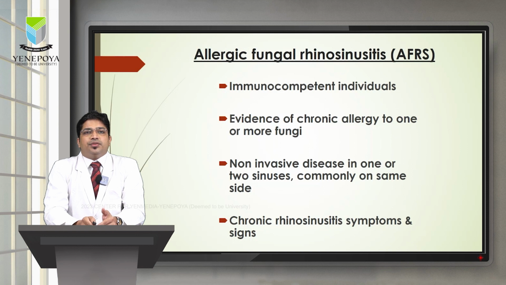The patients will present with chronic rhinosinusitis symptoms and signs, as we already discussed, which will be chronic nasal obstruction, chronic nasal discharge, which may be anterior or posterior, and there will be epistaxis, there may be loss of smell, and there may be nasal masses protruding like nasal polyps.